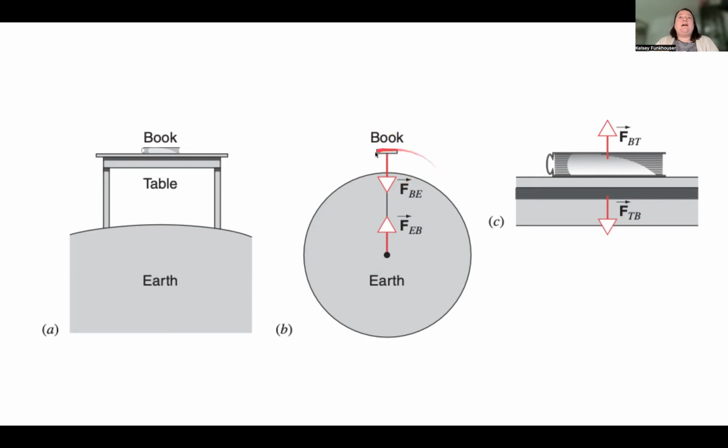So the reaction force of the force on the book from the Earth is a force on the Earth from the book, and the force on the book from the table has a reaction force on the table from the book. Again, they act on different objects in order to be an action-reaction pair.